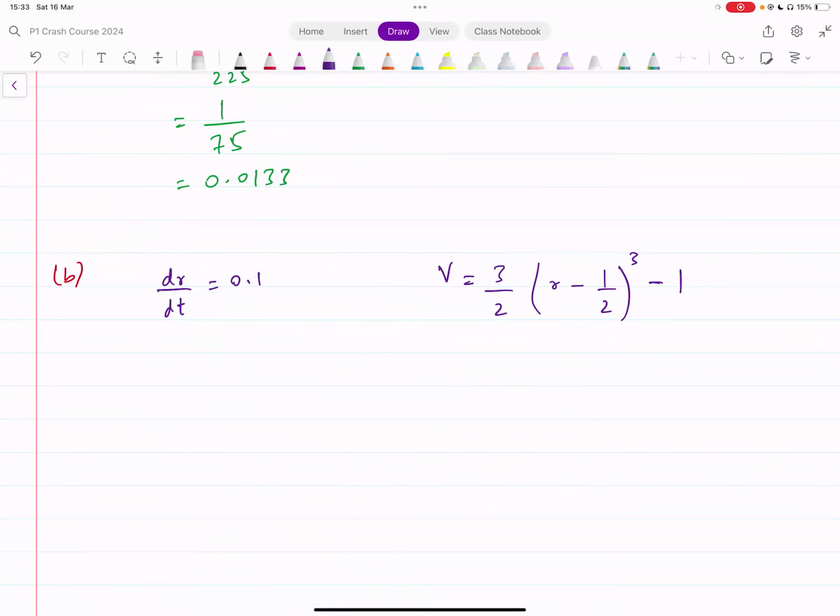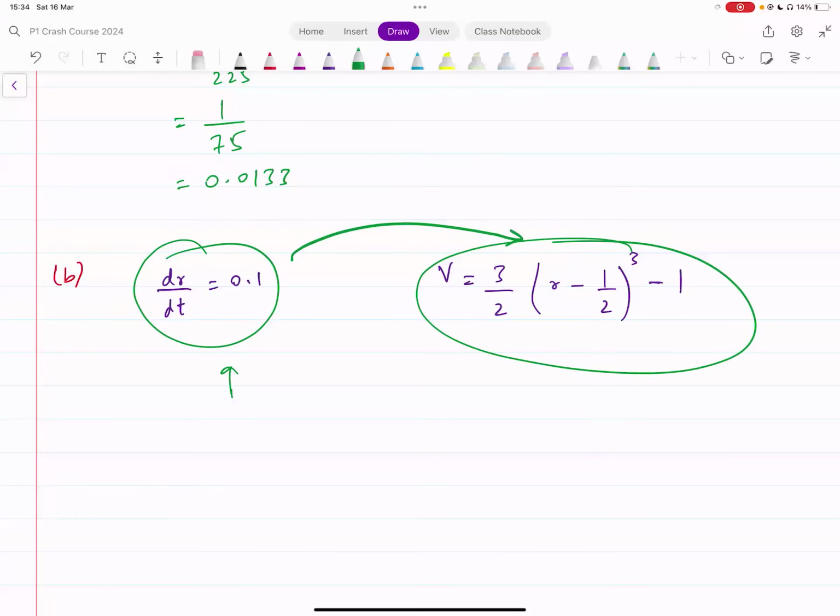We want to find the volume at the instant when dr over dt is 0.1. Now for that, we need to find the value of r at that point, right? Because volume is defined in terms of radius. So if we can find the value of r that corresponds to this, we can put that value of r inside this function, and that will give us the volume that we're looking for.